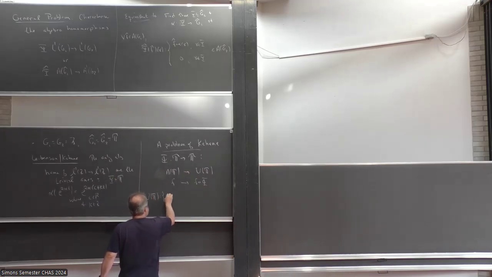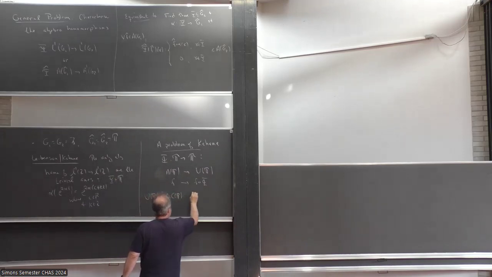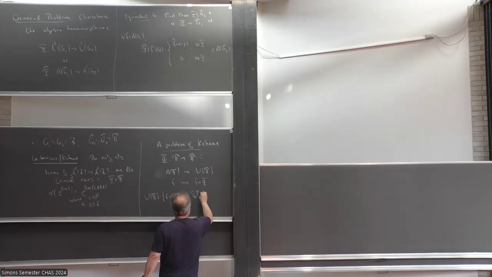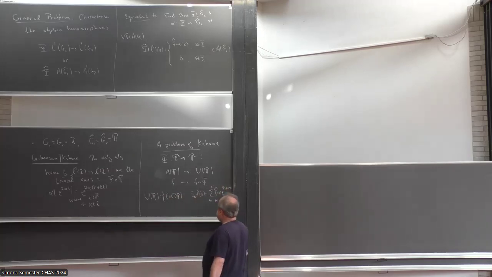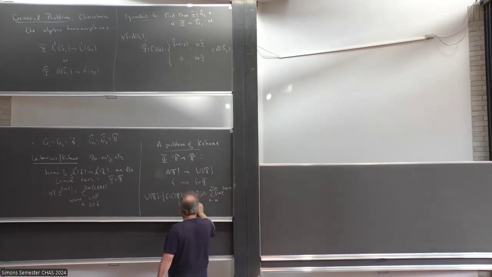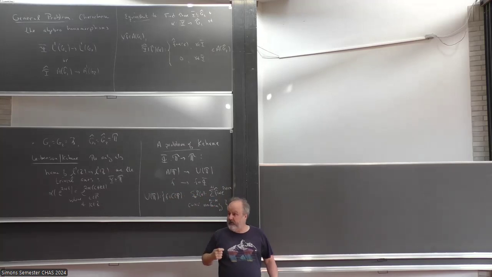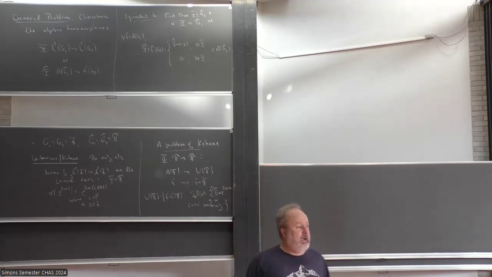So let me remind you that this space is a subspace of continuous functions such that when I look at its partial Fourier sums, summing frequencies from minus N to capital N, of the Fourier coefficients of f times e to the 2 pi i n x, I want to understand when these converge uniformly. Now this is no longer an algebra, like the space of absolutely convergent Fourier series.